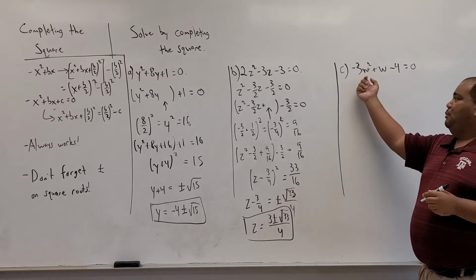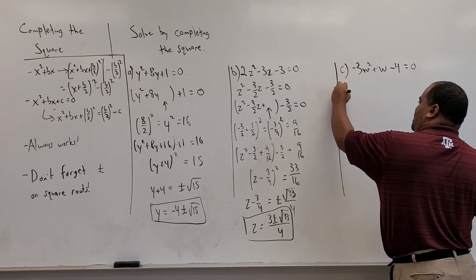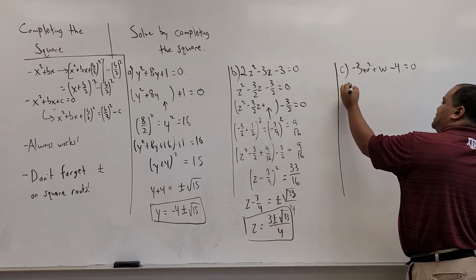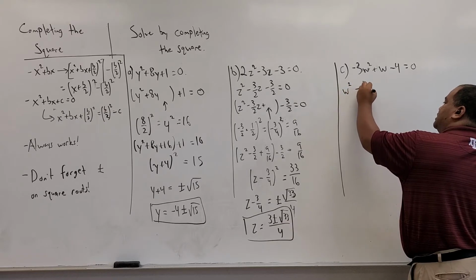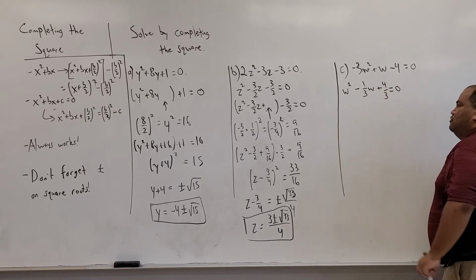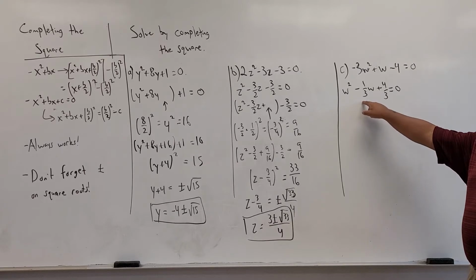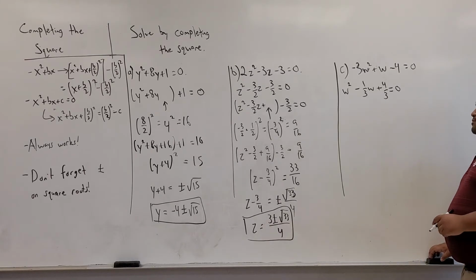And so one more time we will scale this so that the leading coefficient is 1. So we'll divide through by minus 3. This gives us w squared minus 1/3 w plus 4 over 3 equals 0. Now the same process, we'll take half of the linear term and square it.